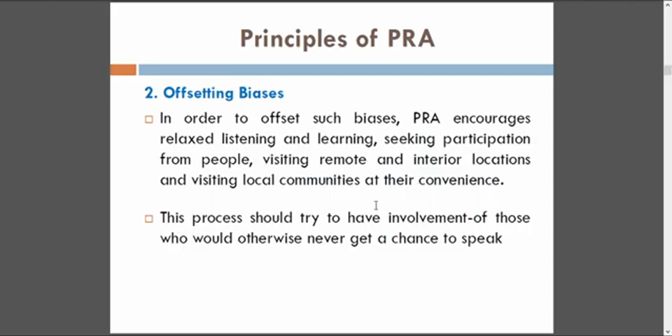Okay, so you're supposed to listen and learn from them so that your own perception, your biases, are dealt with. You're supposed to seek participation from them so that you're able to get much more from them.